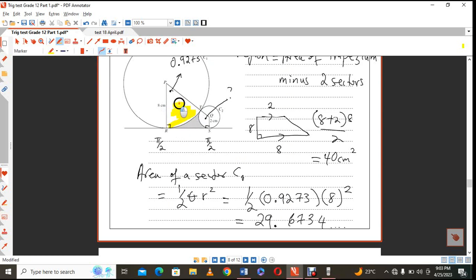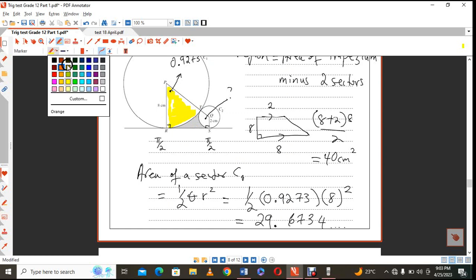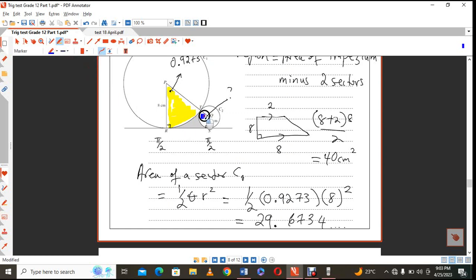That's what we calculated now. Now I'm going to calculate this little area over here. But in order to do so, I need to find what is that angle. Okay, so we need to know what is the angle going to be.